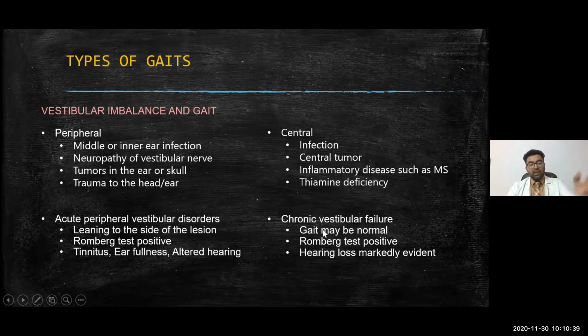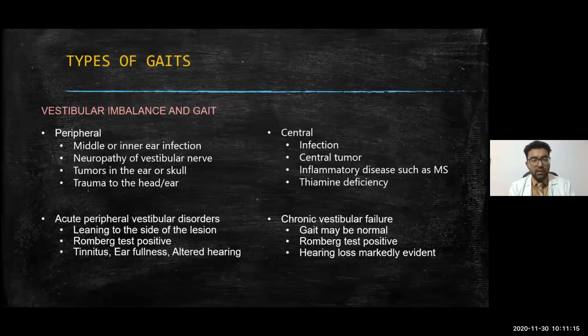In case of chronic vestibular failure, because the problem is chronic, the other two components, the visual component and the proprioception component, try to compensate. Due to that reason, the patient might not have a difficulty with the gait. Sometimes you may find the gait normal, but when we ask the patient to perform a Romberg test, it turns out to be positive, and there will be a marked hearing loss with chronic vestibular failure.